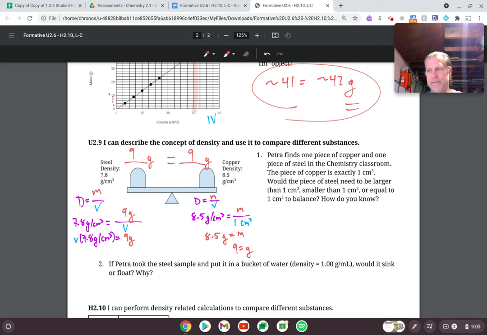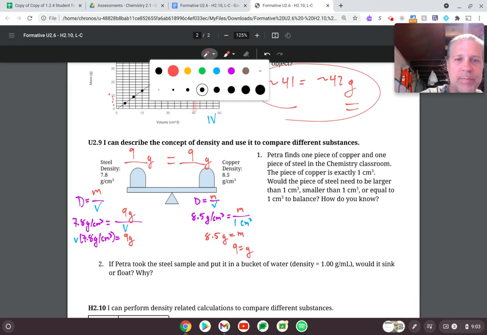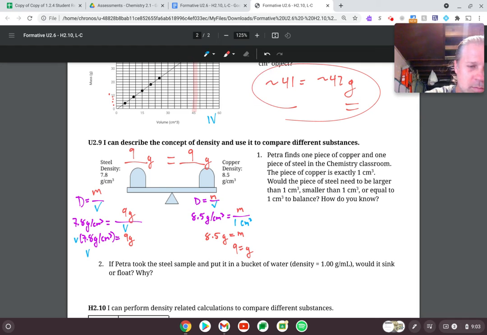And apparently I did not finish this problem in my pre-work. So let's see, 9 divided by 7.8 gives me a volume that's equal to, let's say, 1.15. So 1.15 would tell me, if we're really looking at our values here conceptually, and I know that we should round this to 1 sig fig, so it's going to be 1.